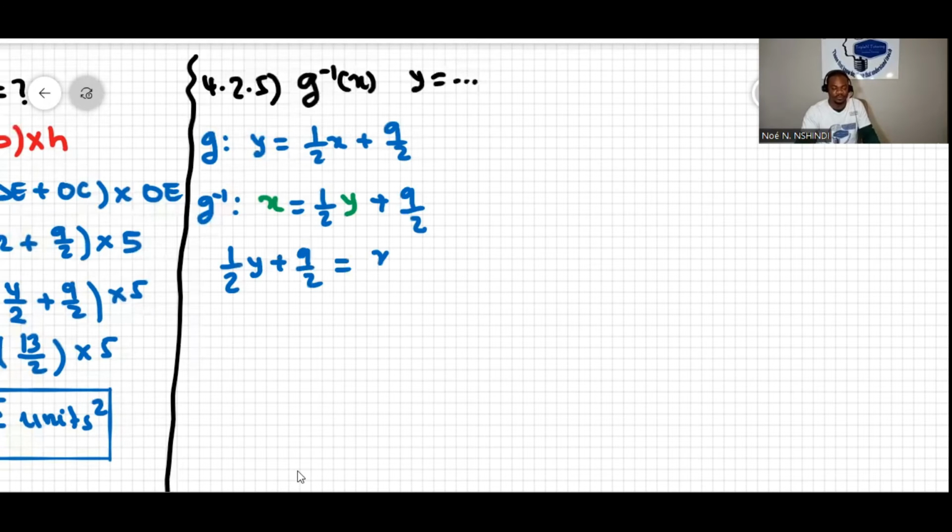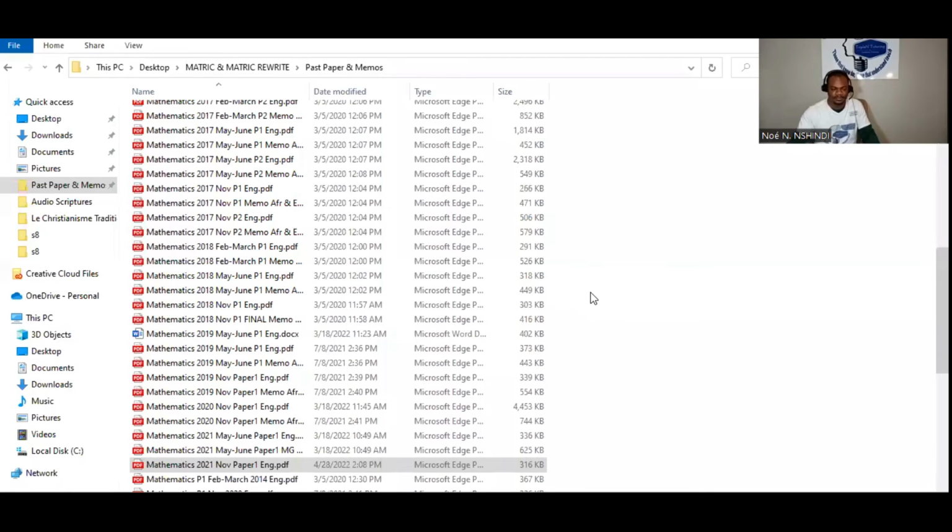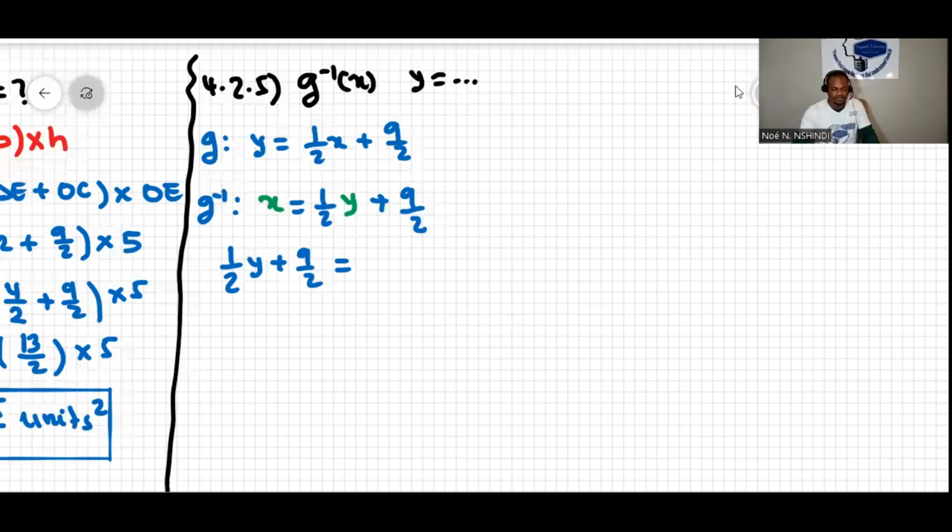So if I move 9/2 over, equals x. Okay, so we can times the whole equation by 2.